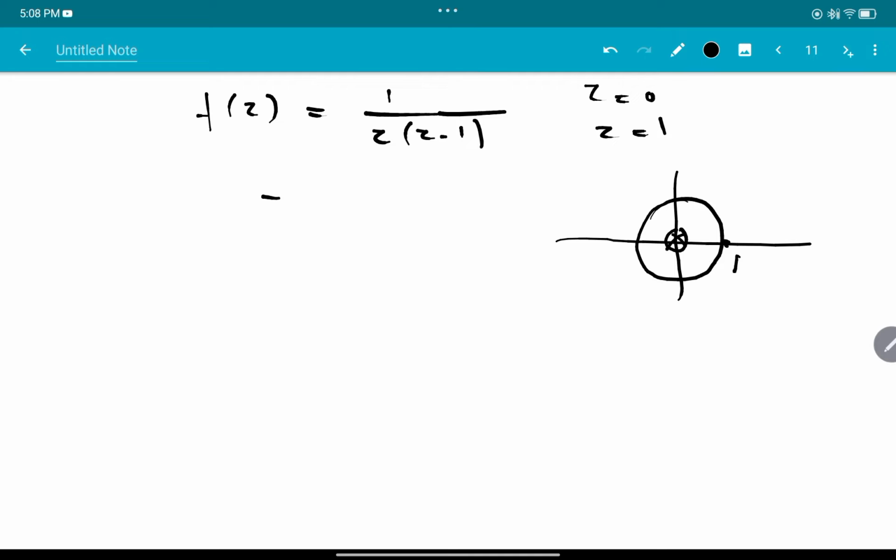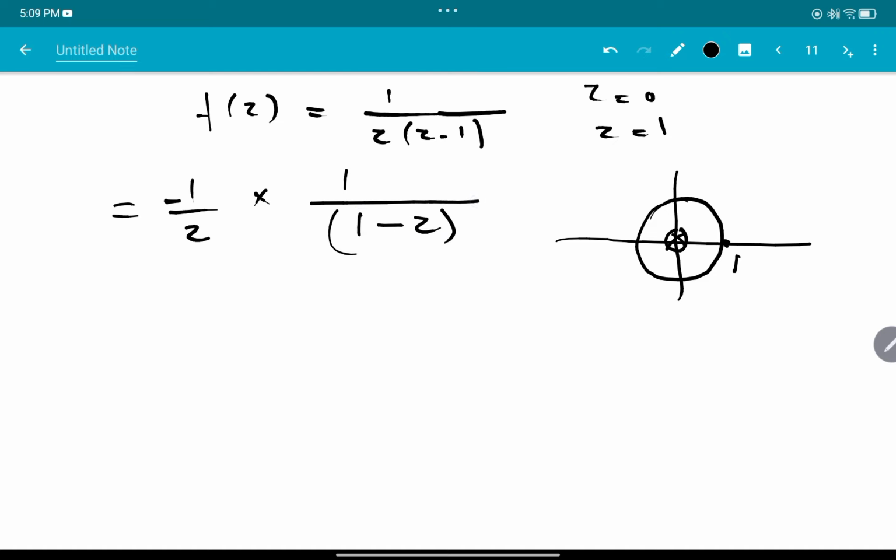So I will do one thing, that is I will again take it as 1 by z into 1 by (z minus 1). If I take z common, then I will write it as minus 1 by z. That gives me 1 minus z here.